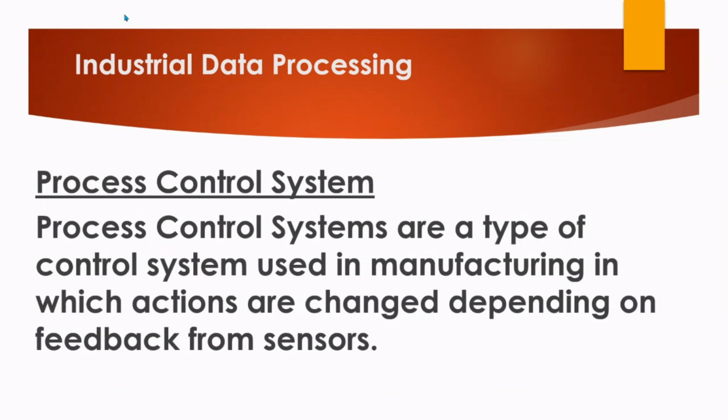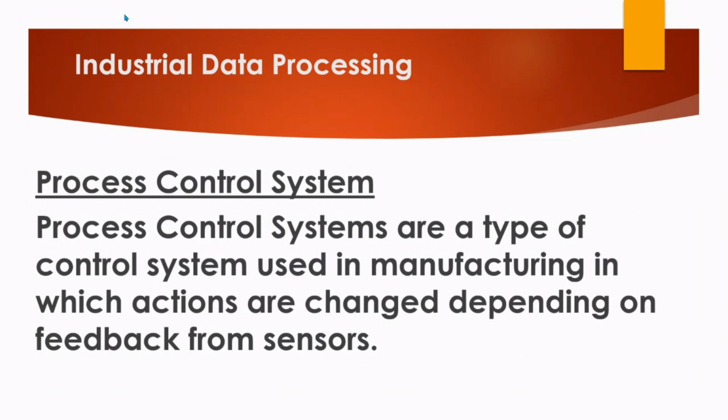Process control systems are a type of control system used in manufacturing in which actions are changed depending on feedback from sensors. Have you ever wondered how the stoplight operates? Has it ever come to you that it may contain a sensor?